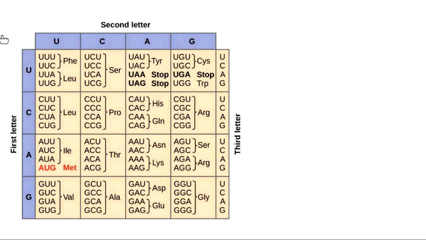So the way that I use this table is filled with the codons. It's filled with a set of 3 letters that I'd find in the RNA. So my RNA sequence, I would go through and break it up into codons, break it up into little pieces, and then I would start to interpret those pieces.